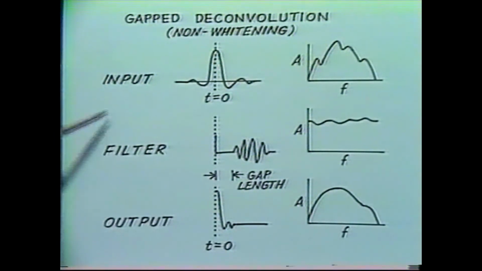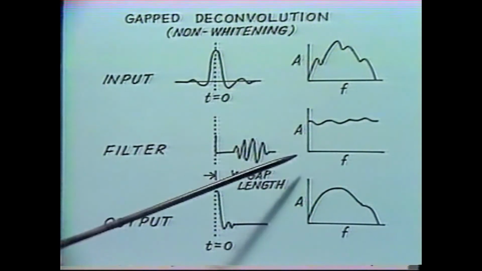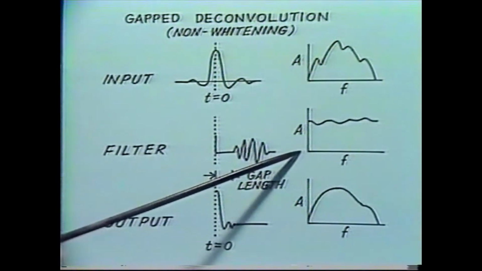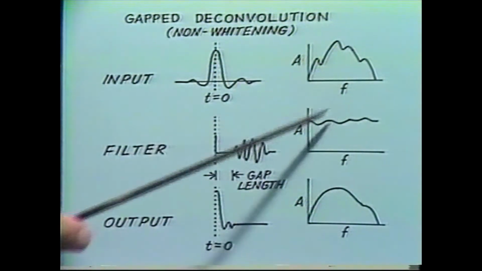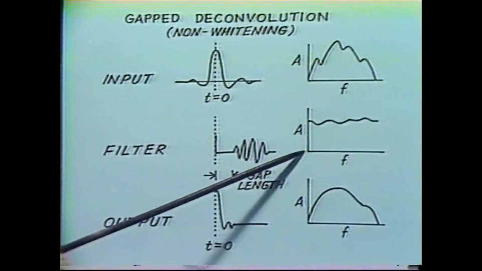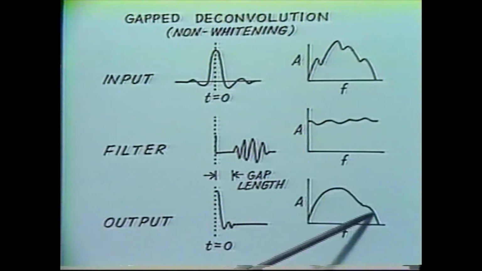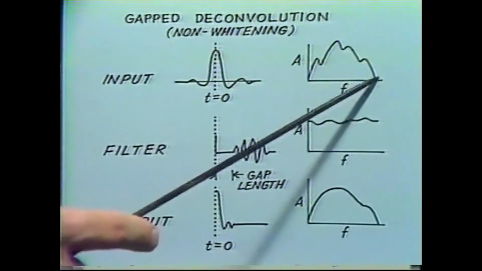The effect of gap deconvolution in the frequency domain is to smooth the amplitude spectrum of the wavelet rather than completely whiten it. The amplitude spectrum after the application of gap decon is generally a smoothed representation of what the input was.